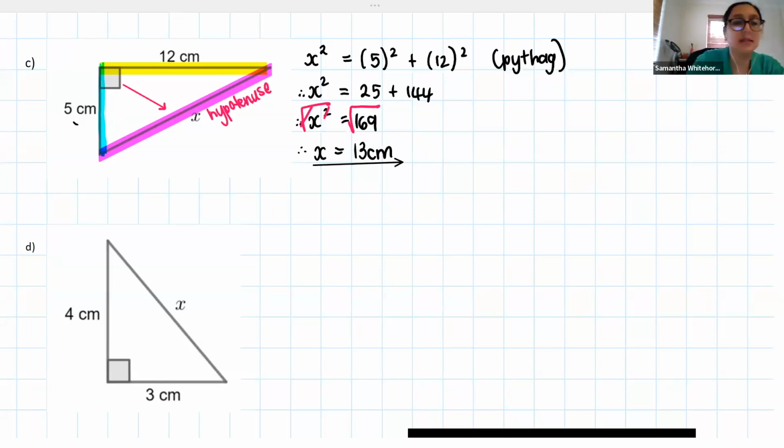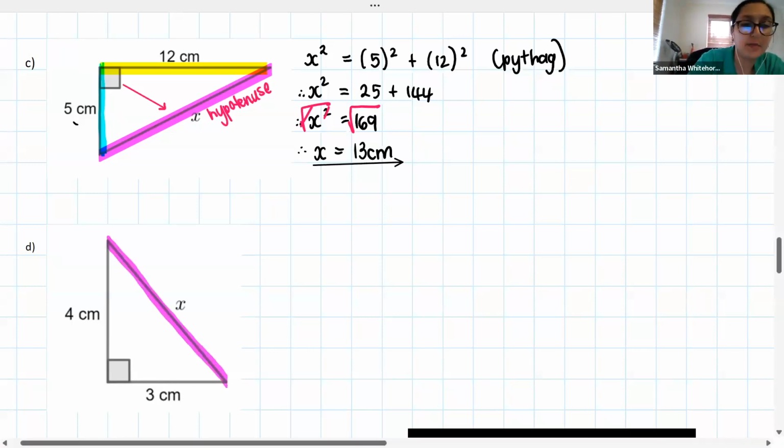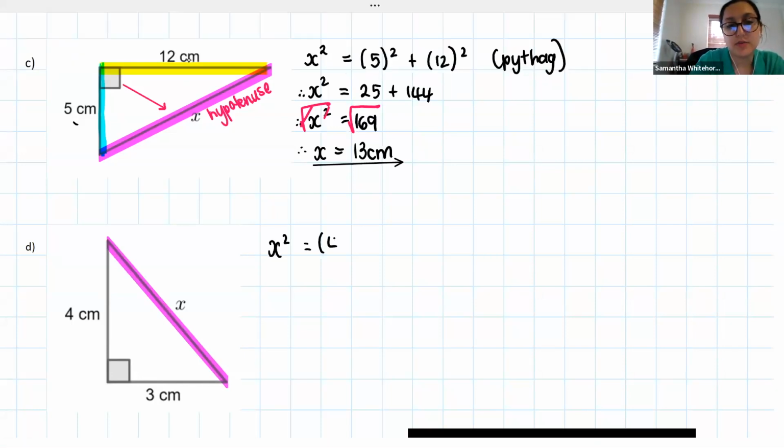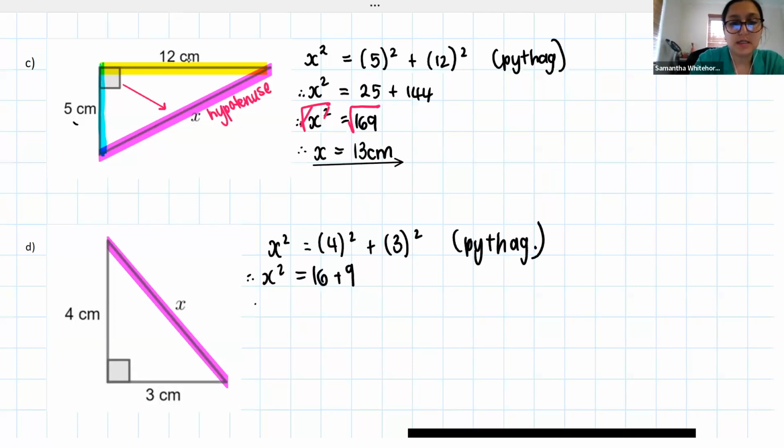Okay, so guys, absolutely, our hypotenuse is the x. So this is our Pythagoras. X squared is equal to 4 squared plus 3 squared, our reason being Pythag. You end up then with x squared is equal to 16 plus 9, and 16 plus 9 is 25.